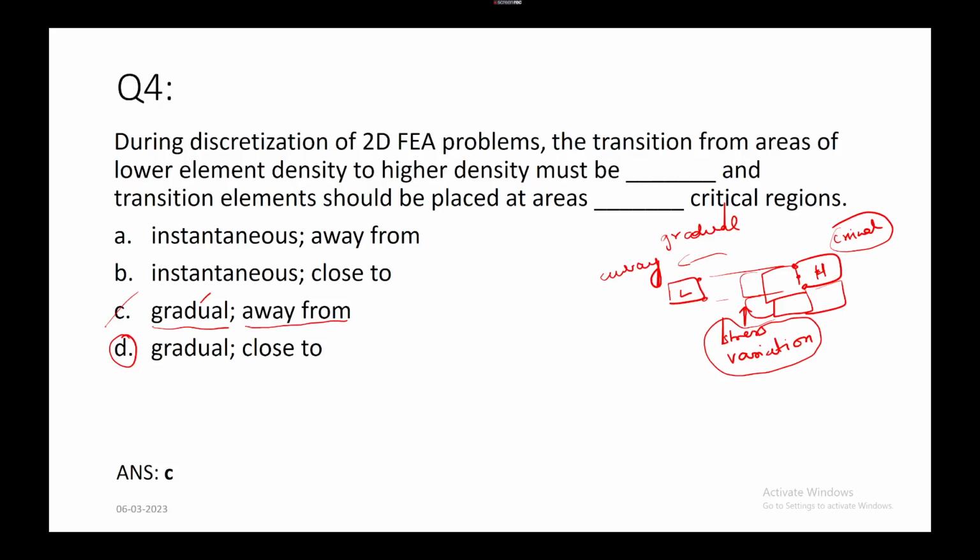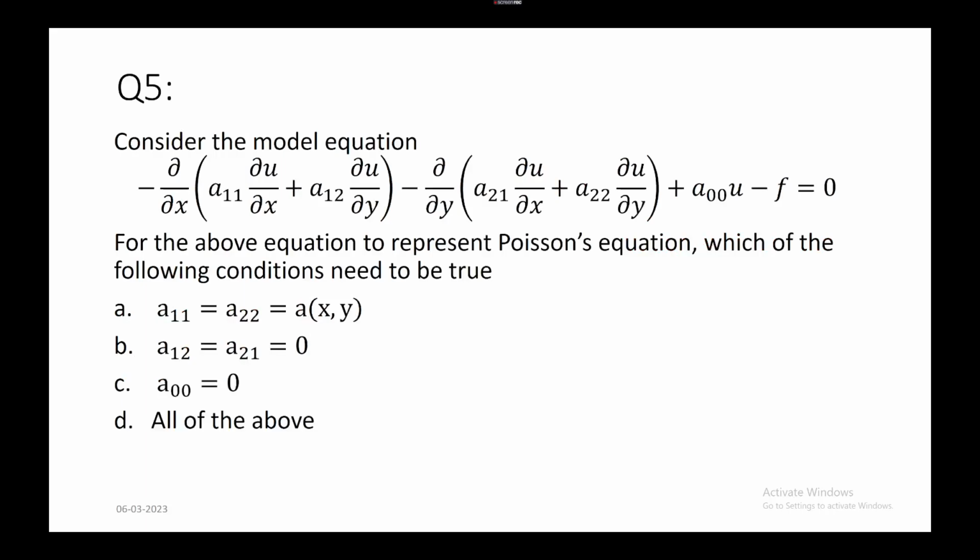Now let us move away from discretization and look into 2D FE problems a little. As you might have already seen in lecture, this is a model equation. This model equation is a two-dimensional finite element equation with one variable.